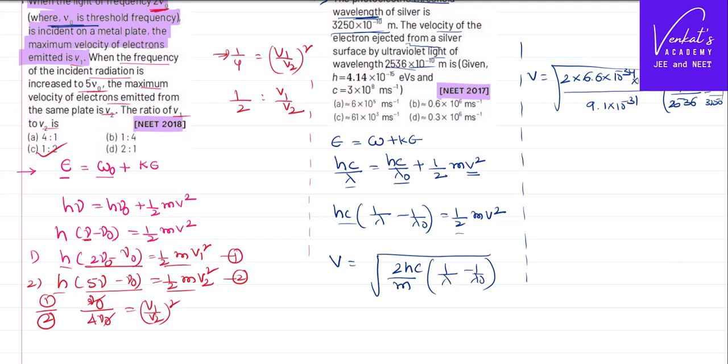So if you simplify this, I am not showing all the simplification, but the answer is very much visible. 10 power minus 10 is common here, so out of the square root it will become 10 power 5.